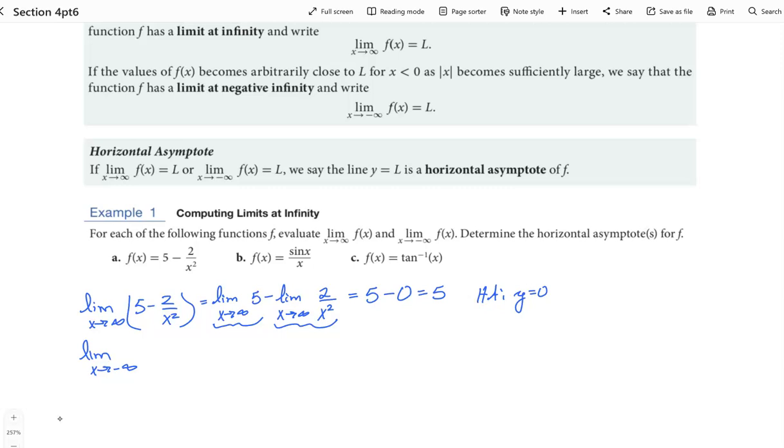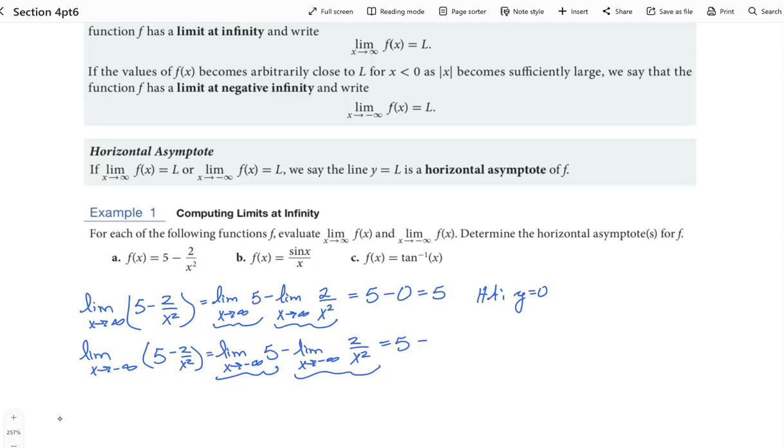Now let's look at what happens as x approaches negative infinity. So we're going to have 5 minus 2 over x squared again. I'm still going to think about it the same way by splitting this up using my limit properties from that first chapter when we first started talking about calculus. Again, this one is going to 5. The question is what's happening to this one.